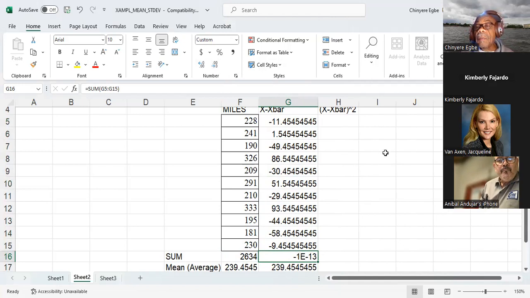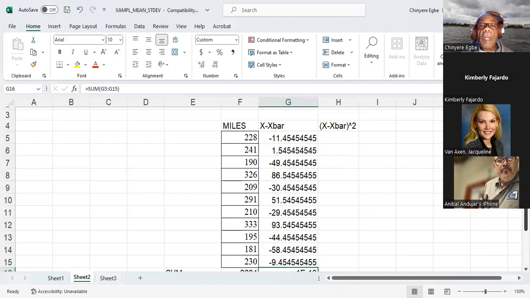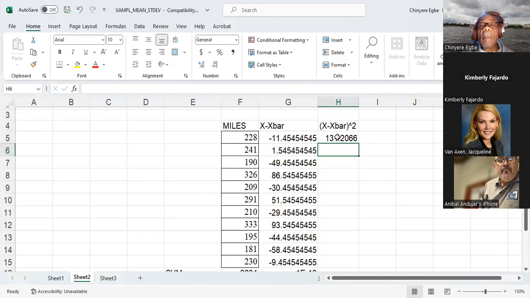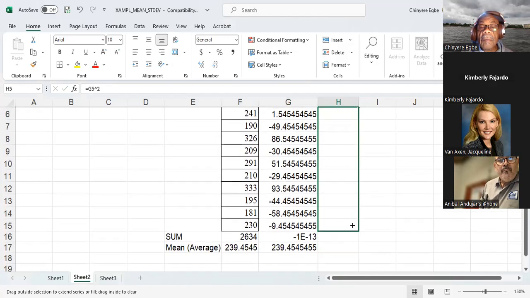So that's a 0. And then you square it, to the power 2. And so you square all the values that you get.